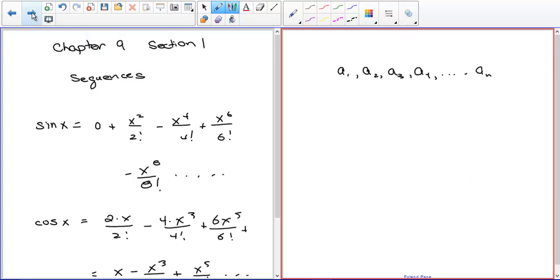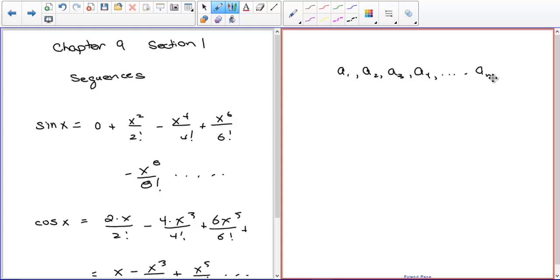So let's start. A sequence is just a listing of numbers separated by commas, and typically there's some pattern to them. So we've got n terms in this sequence. a sub 1 is the first term, a sub 2 is the second term, a sub 3 is the third term, and so forth, and then you go up to the nth term.